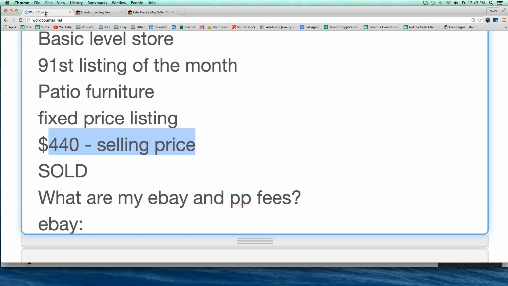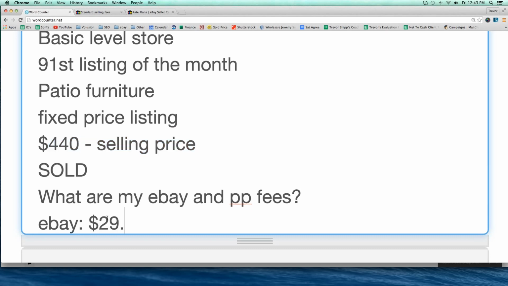It would be this 9% category. So instead of the 10%, it would be at 9%. So you do the math on that. 440 times 0.09. That's only $39.60 that we're paying out to eBay. Okay. Whoops, not $29.60, $39.60.